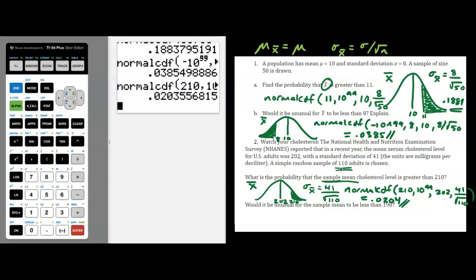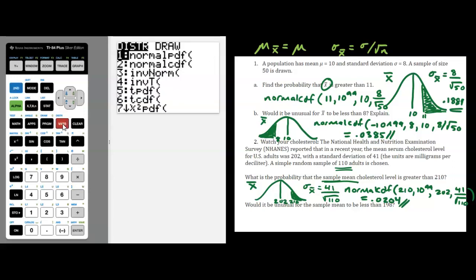In fact, if we thought that the cholesterol levels were normally distributed in the population, then we could look at a very similar question and say, what's the probability that an individual had a cholesterol level greater than 210? Again, that would require that the population of cholesterol levels was known to be normally distributed. But if that was the case, I just want to show you for comparison purposes.